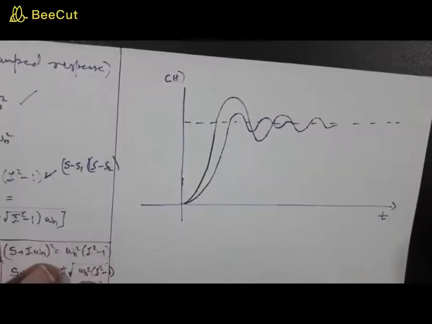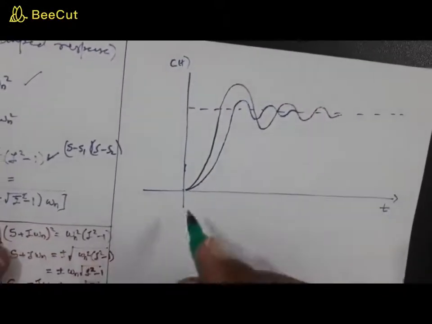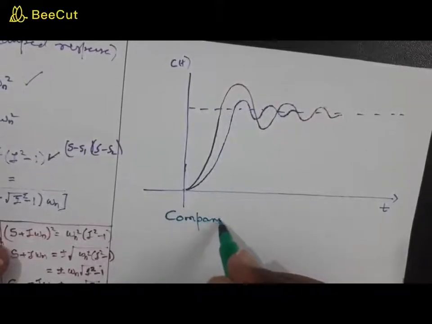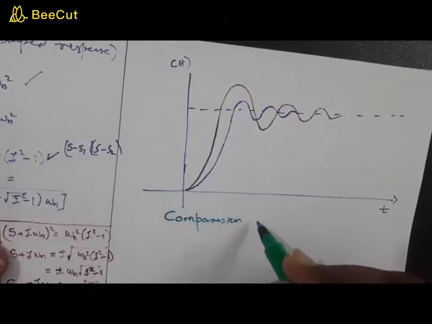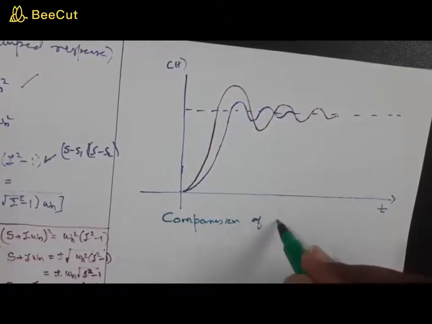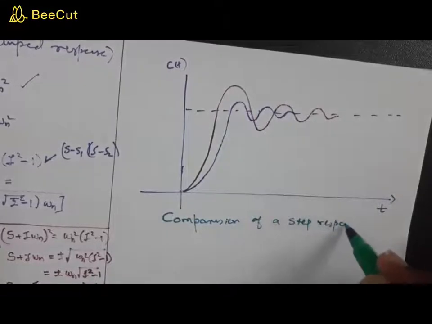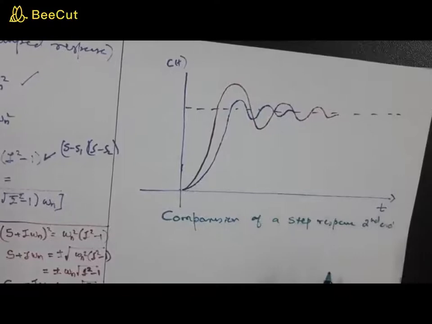Okay, so here is a comparison. This is a comparison graph of the step response of a second order system for various values of theta.